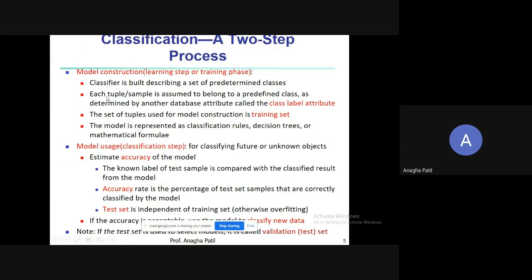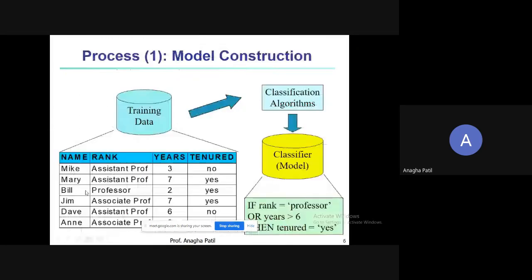Here, each tuple or sample, that is each record, is assumed to belong to a predefined class. So you'll already have a database specifying its class label. Let's say, for example, you have this particular database where the attributes or dimensions are name, rank, years, and tenure. Now, what would be the class label?